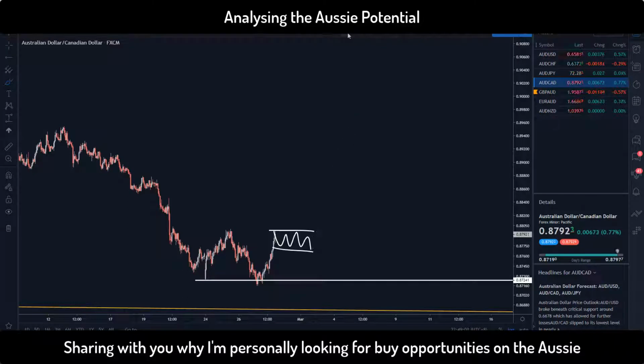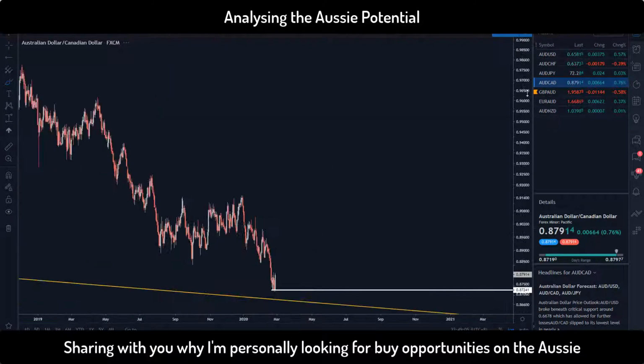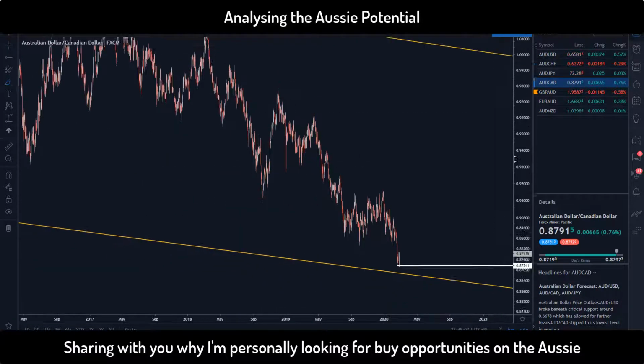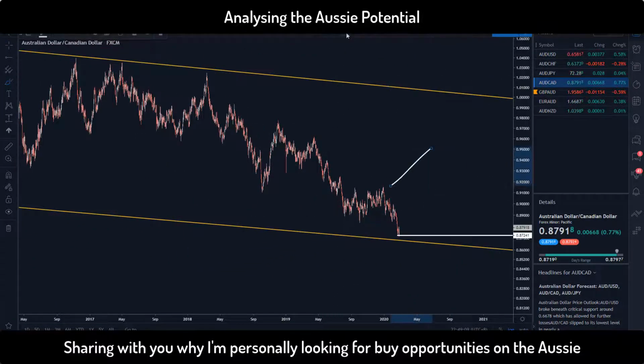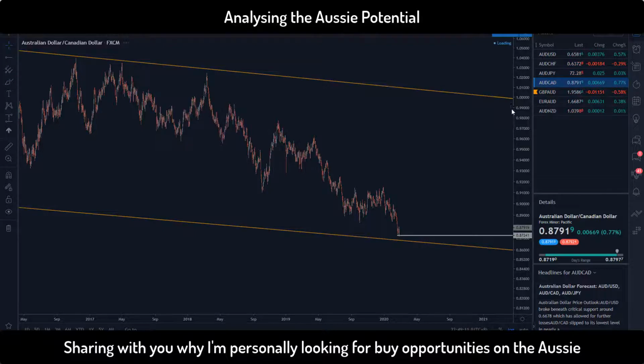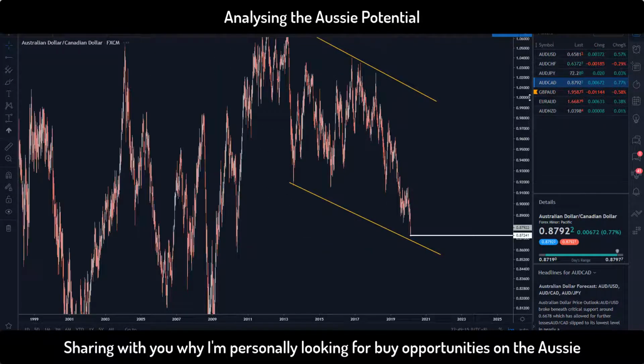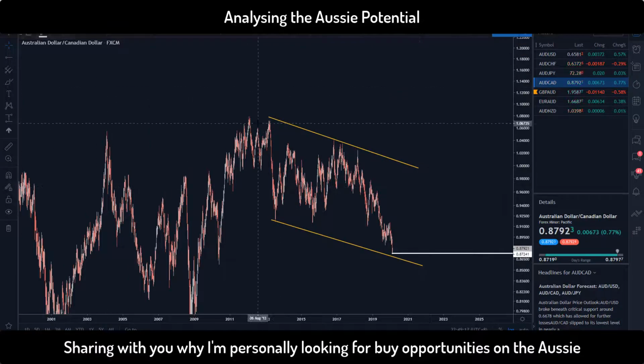Now for Australia CAD, if I were to look for a target, a very ambitious target, of course, on the weekly, is this previous high over here, but that's pretty ambitious. I would say 1.0718.